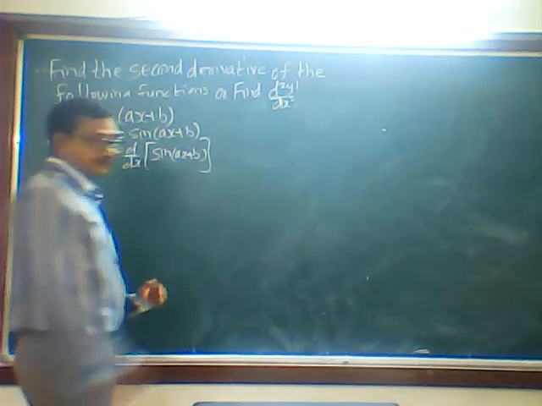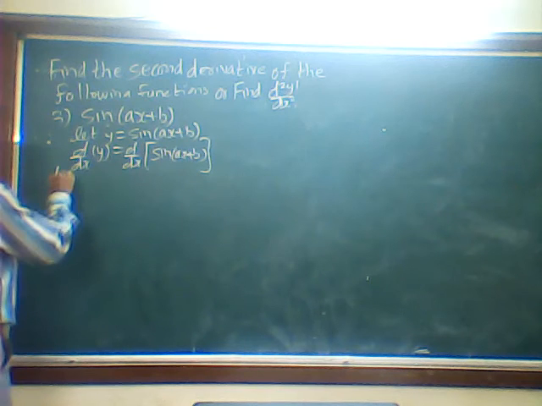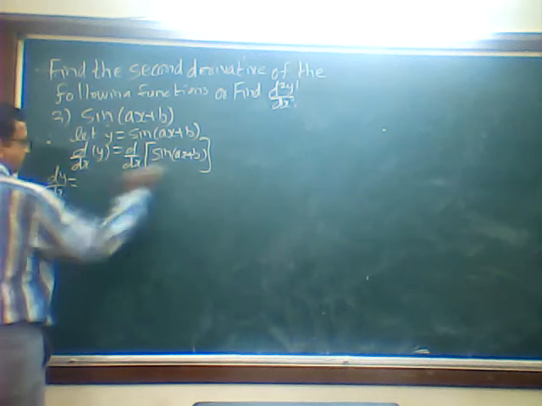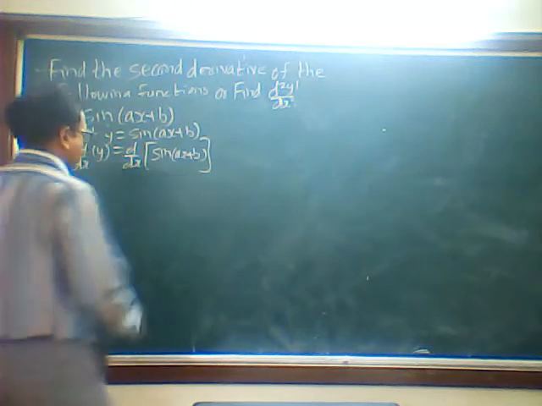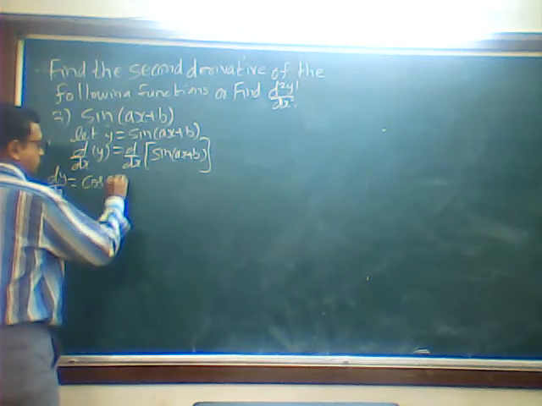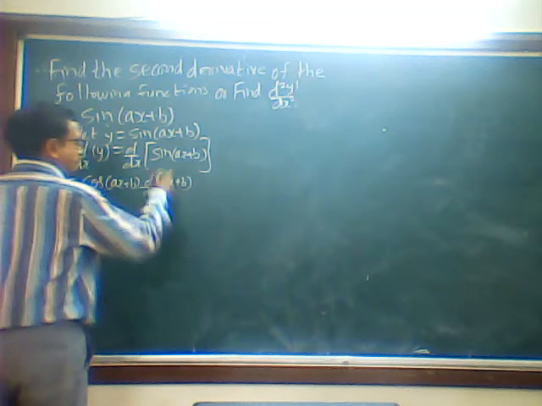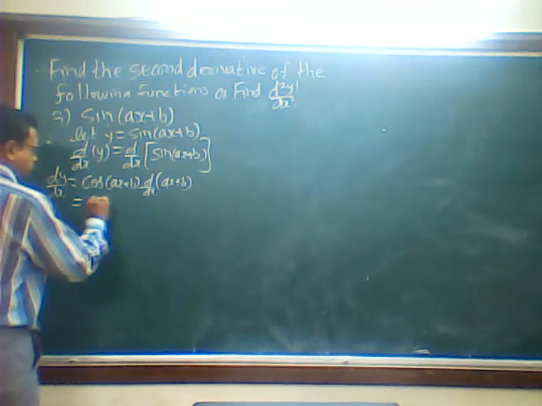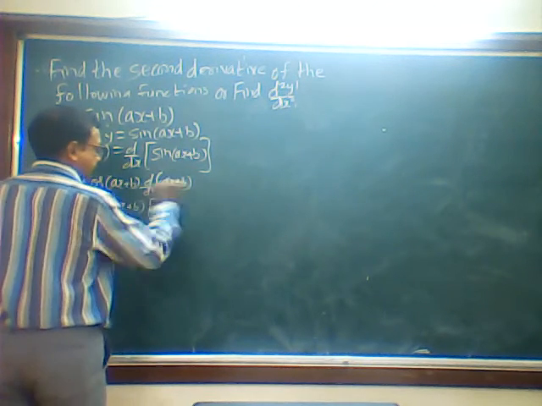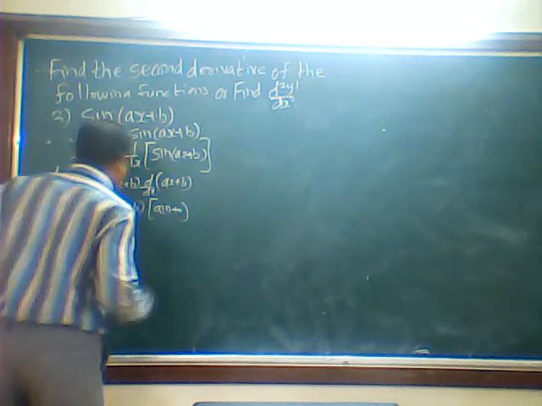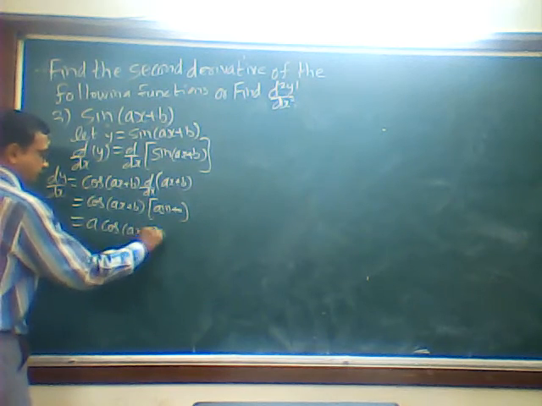Now again there are two functions here: sin as one function and ax plus b inside. So dy by dx: think of this as sin x, d by dx of sin x is cos x, but while writing we write cos of ax plus b into d by dx of ax plus b. d by dx of ax is a, as x is 1, and b is 0. So it will become a times cos of ax plus b. This is dy by dx.